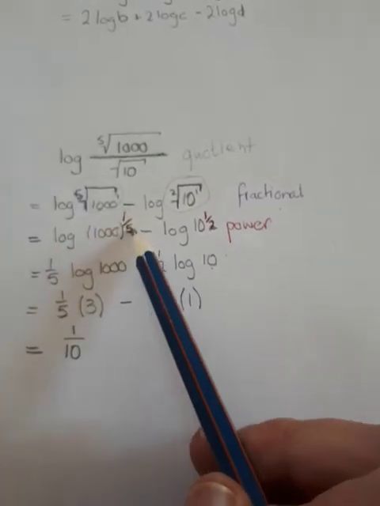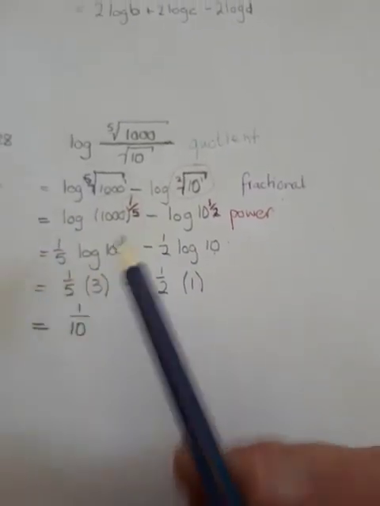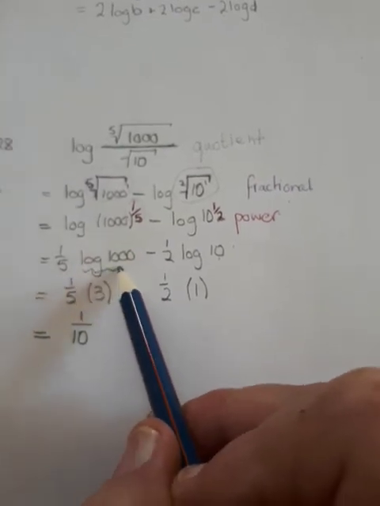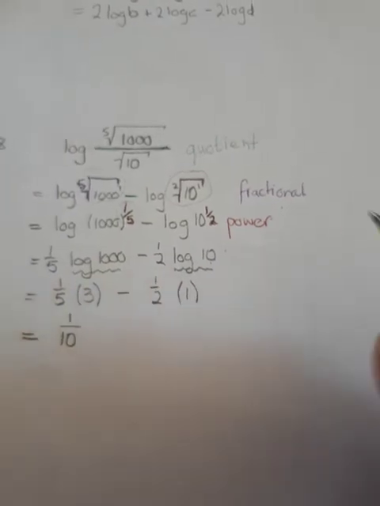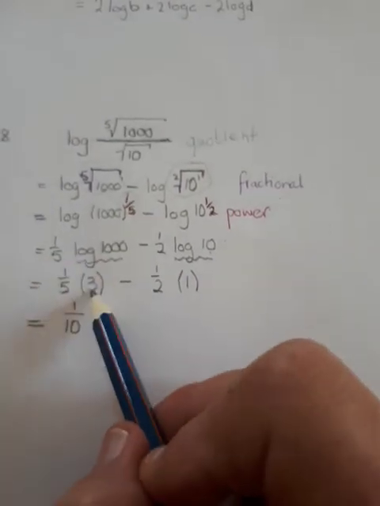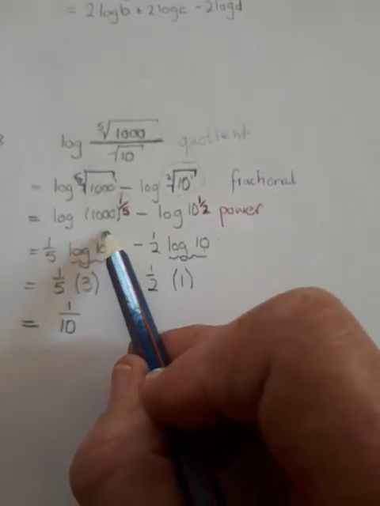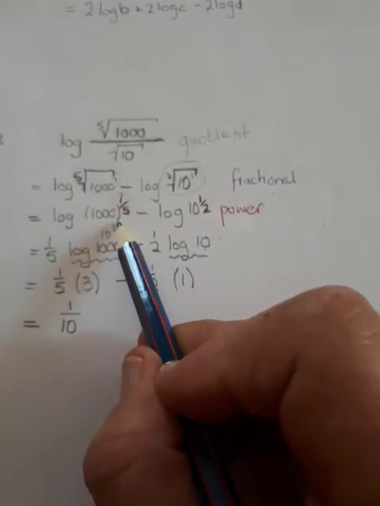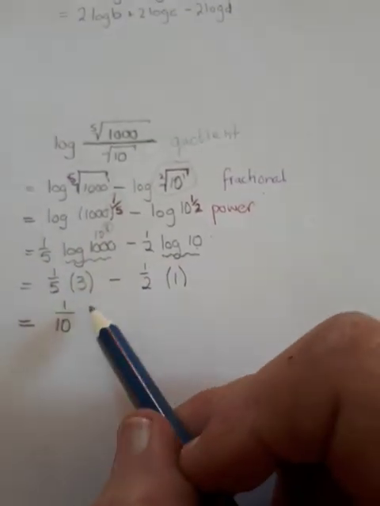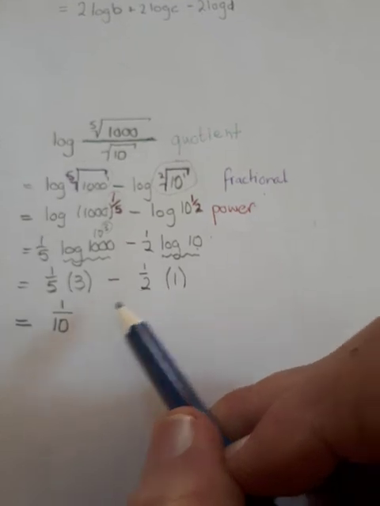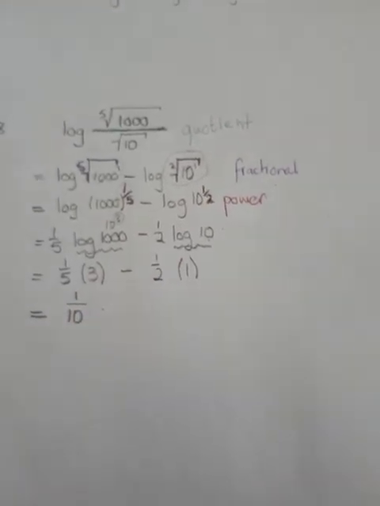Then you must identify the power law, so we apply the power law, and thereafter you must identify the logs of 10, 100, 1000, and so forth, which can be expressed as whole numbers. Remember, 10 to the power of 3, therefore it becomes 3. And then you simply have fractions, which you must multiply and subtract, and that gives you an answer of 1/10.